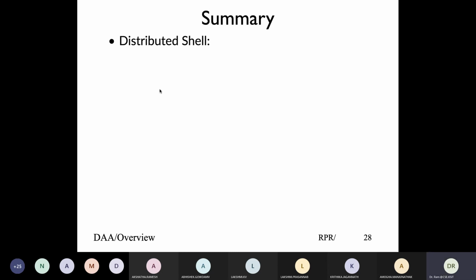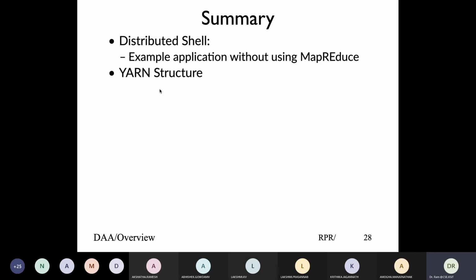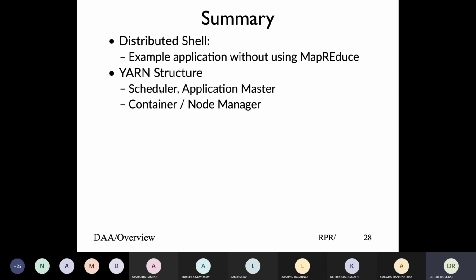So what we discussed today is distributed shell, which is one framework in Hadoop 2 that does not use MapReduce. Then we looked at the YARN structure, that basically means the resource manager, the application master, and then the container where applications run under the node manager. And then we looked at a few of the YARN frameworks other than distributed shell and MapReduce.